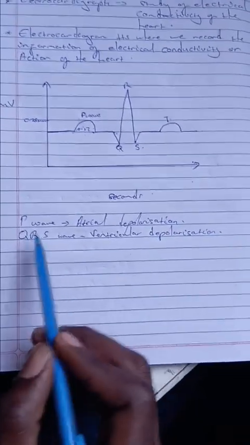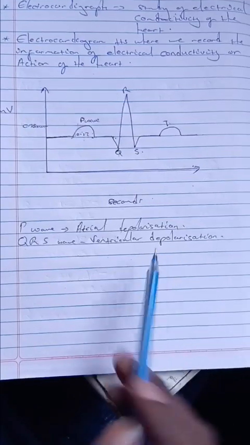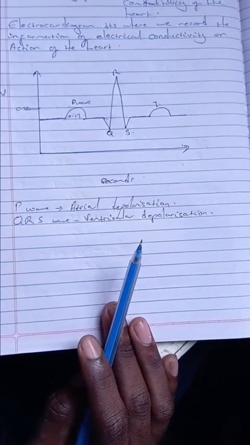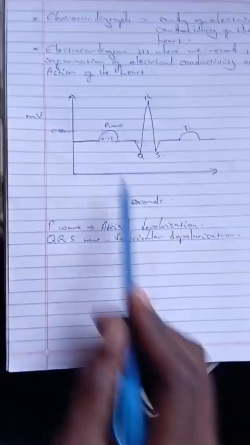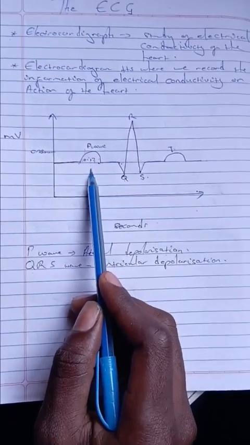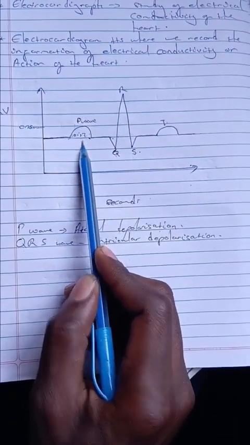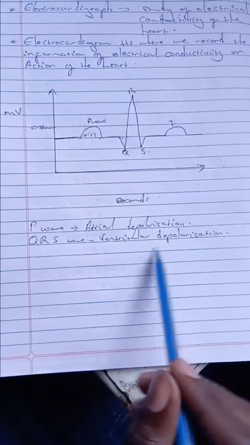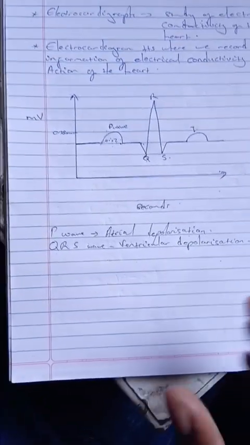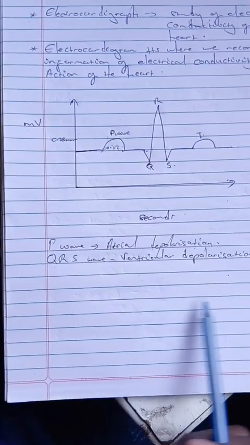So for this one, there is ventricular depolarization. So for atrial depolarization, systole happens here, and when the ventricles are depolarized, there is contraction of the ventricles.